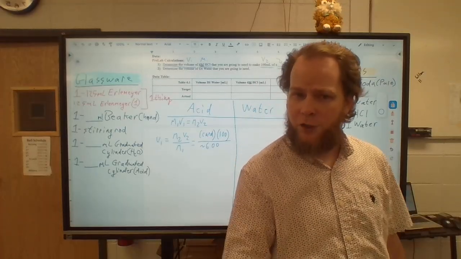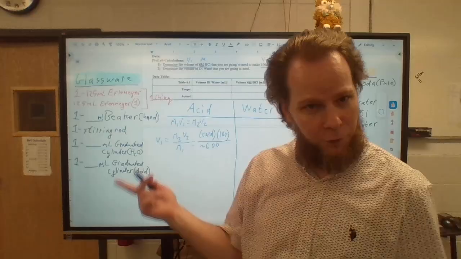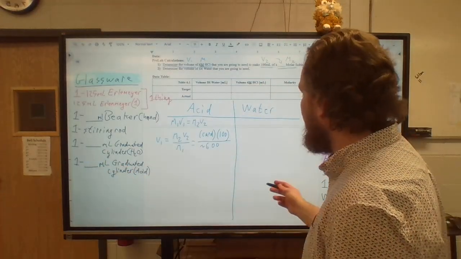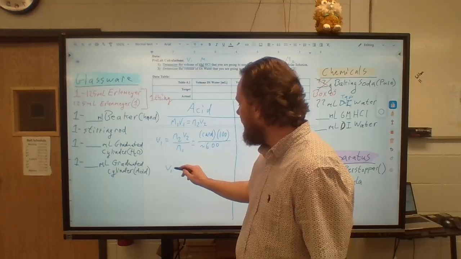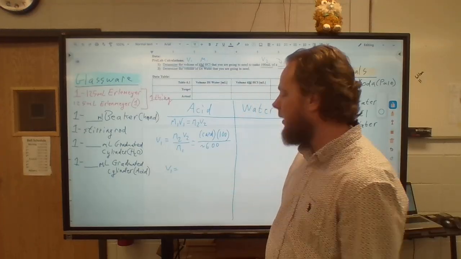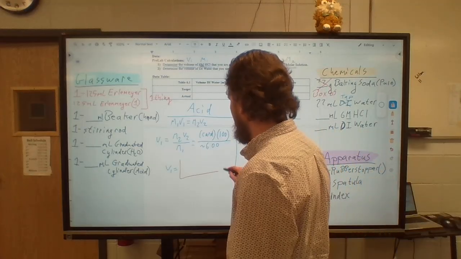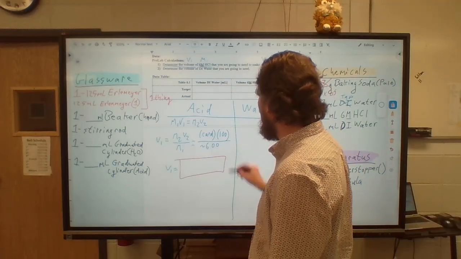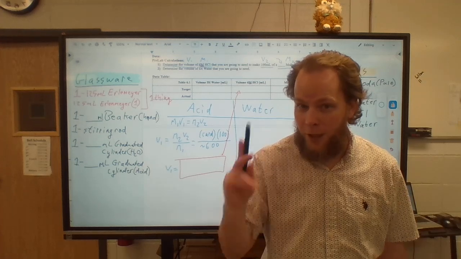I will tell you the actual concentration of the solution you're using once I make it, because I haven't yet. So do that calculation, and that gives you V1, or the volume of acid that you need. Once you get this number, that's where it goes on your data sheet.